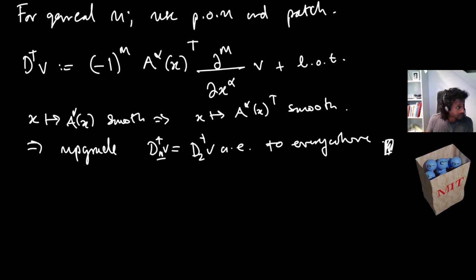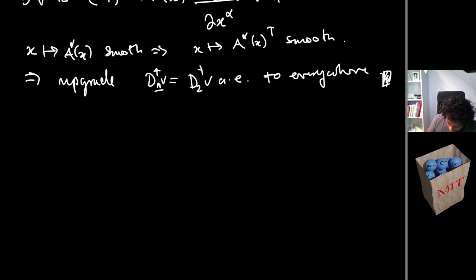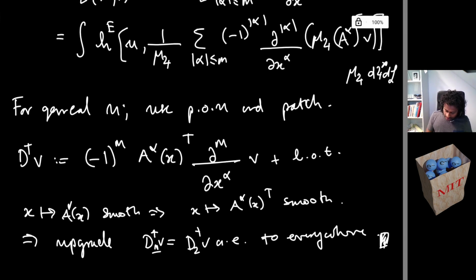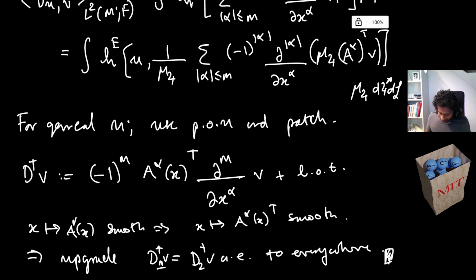Anyway, that's just a technical thing. So more or less, it is what you expect it to be. So you can also see that it's kind of funny that the formal adjoint actually doesn't contain any information regarding the measure or the density.